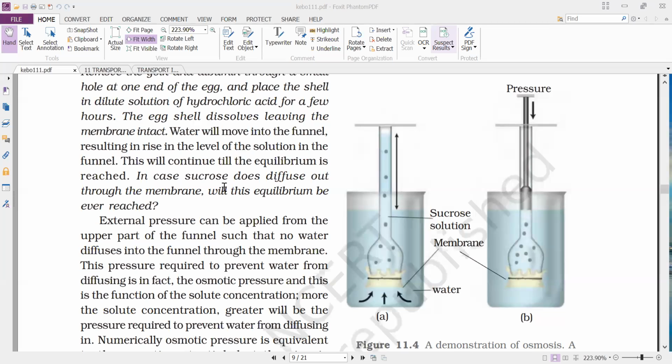The funnel is filled with highly concentrated sugar solution up to a certain level, and is placed in a beaker containing pure water, that is, with lower concentration than the sugar solution.